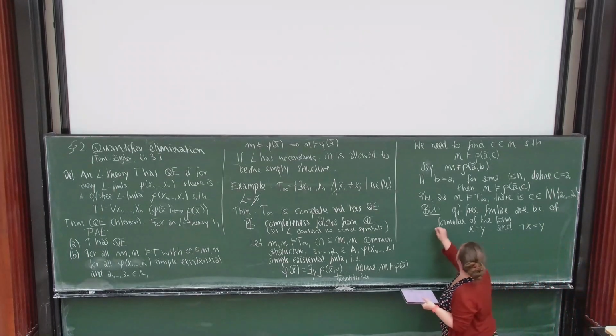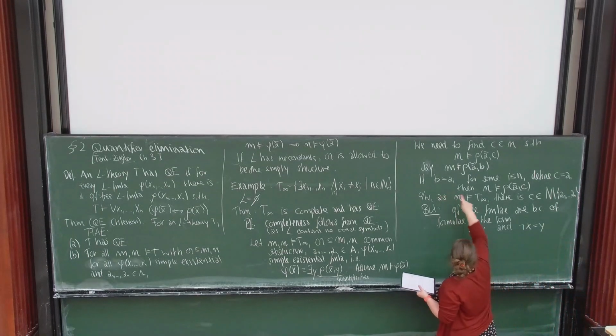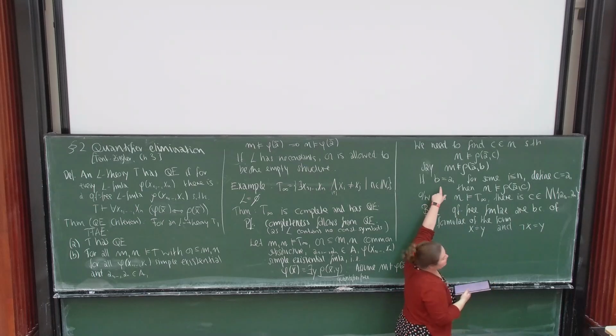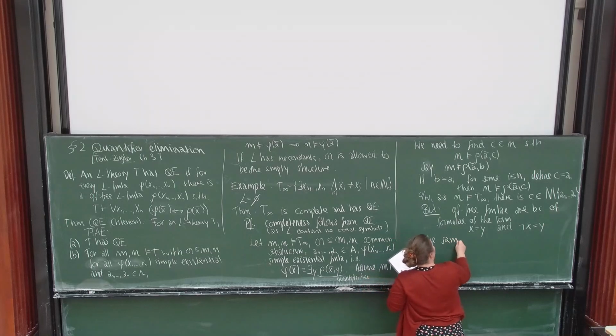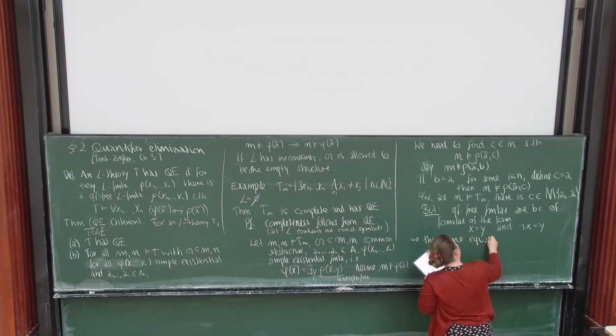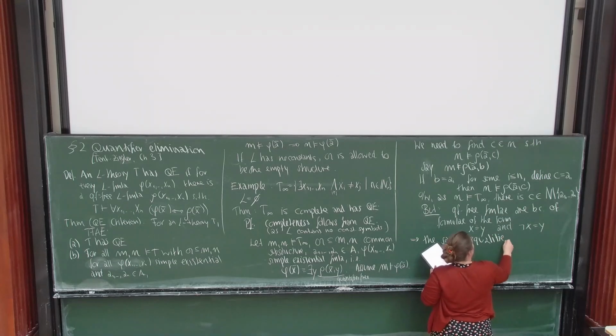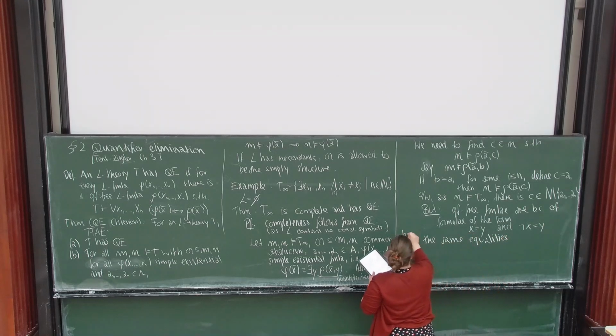Okay, and now, because in this case b is not equal to any of the AIs, this means the same equalities. So b is not equal to AI, and C is not equal to AI for all AI.